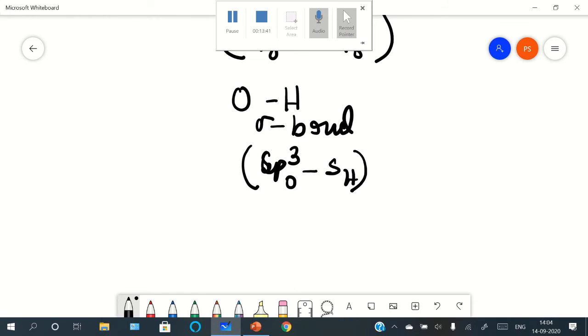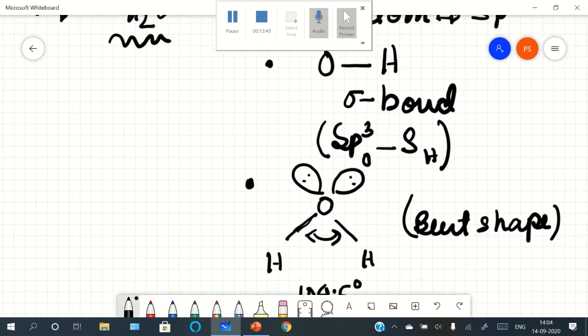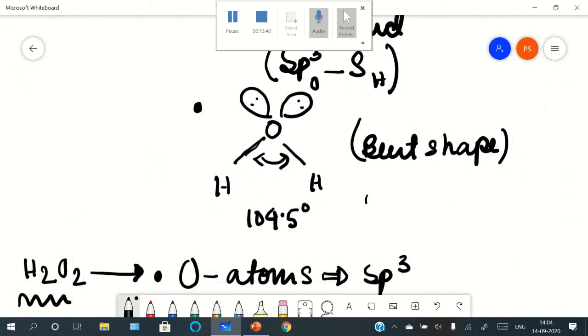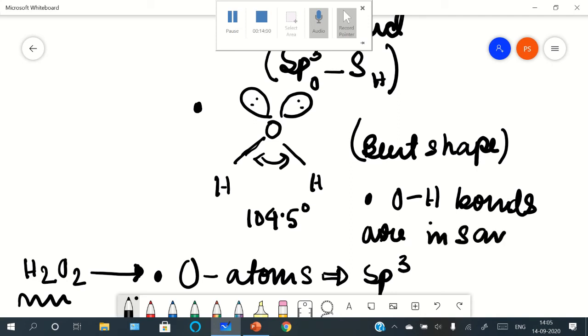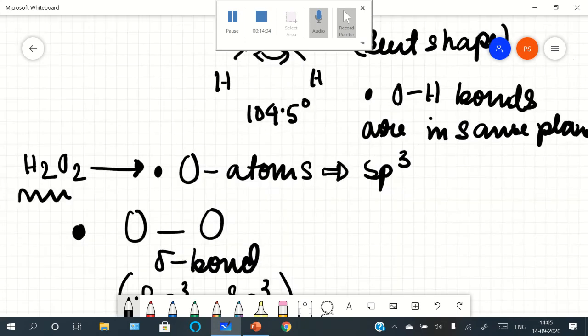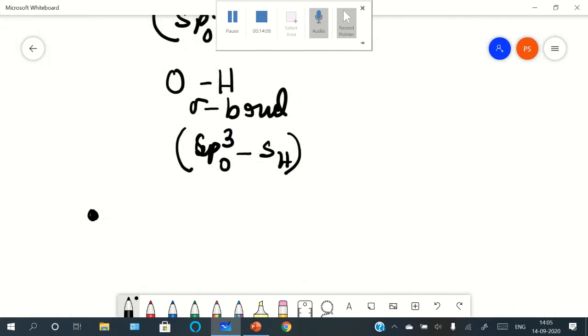These two oxygen-hydrogen bonds in water are in the same plane. That is quite different for the H2O2 molecule.